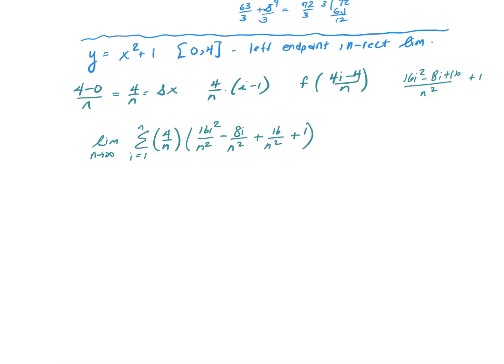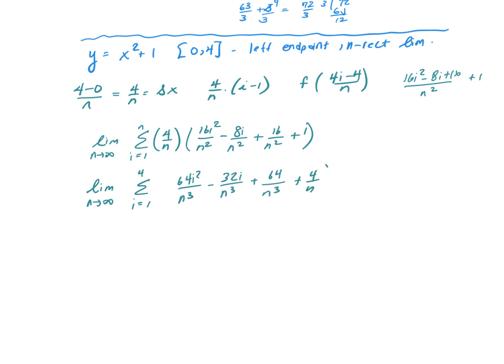Then I distribute. So we're going to get 64I squared over n cubed minus 32I over n cubed plus 64 over n cubed, and then plus 4 over n.